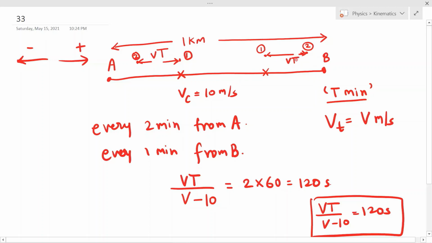Every 1 minute from position B, this cyclist will encounter the cabs.